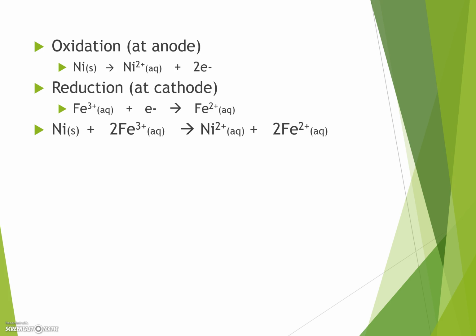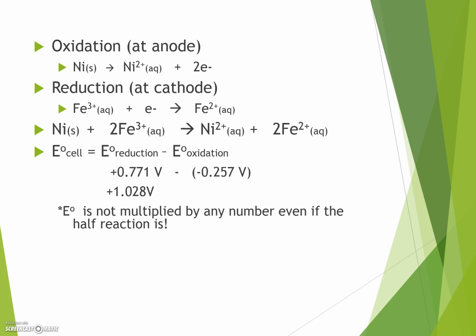Now we want to calculate the reduction potential. So we're going to take the standard reduction potential for the reduction minus the standard reduction potential for the oxidation, and that will give us our value.